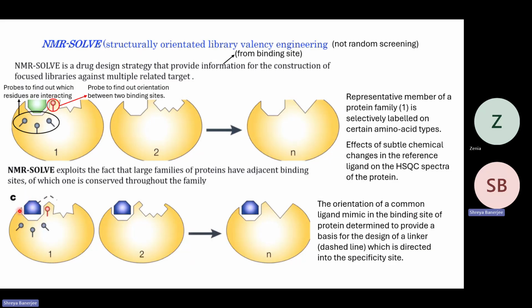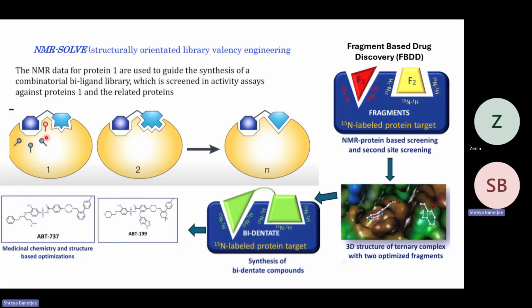Once a low binding affinity ligand is found for the first site, the orientation of a common ligand mimic in the binding site is determined to provide a basis for the design of this linker, which is directed into the specificity site. This is called the binding site because it is the same in all the members in the protein family. This is called the specificity site because it is distinguishing between the members. So this probe will tell us what should be the orientation of this linker joining the receptors of the two binding sites.